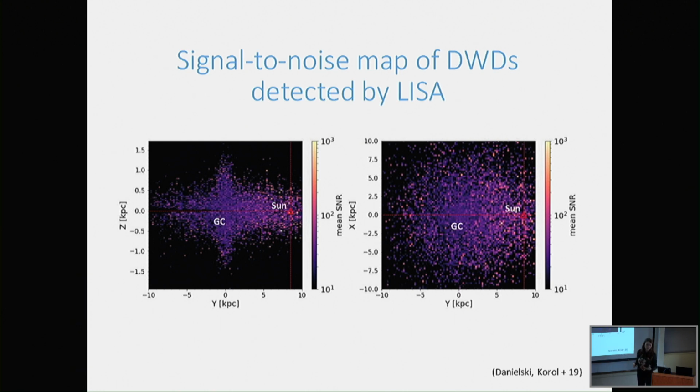But in gravitational waves, you have good measurements everywhere. The secret to this is the high-frequency binaries. If your binary emits gravitational waves above 3 millihertz, which corresponds to roughly a 10-minute orbital period, that binary can be detected everywhere.